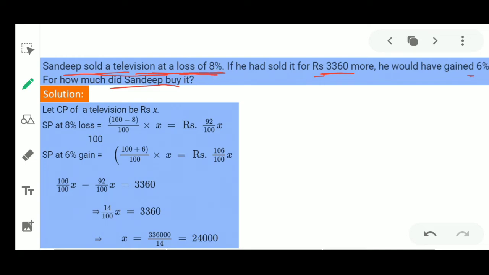We don't know the selling price of the television, but the question is saying that Sandeep sold a television at a loss of 8%. If he had sold it for 3,360 more, then he would have gained 6%. It means the difference between the selling price of the television at a loss of 8% and the selling price at 6% gain is 3,360.